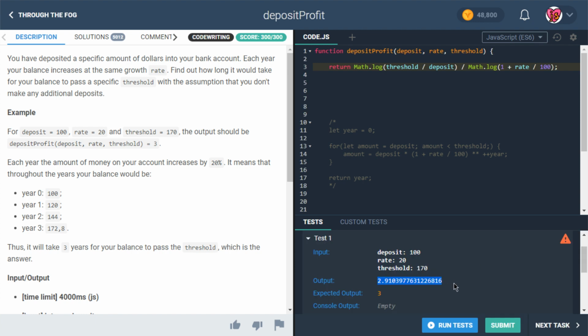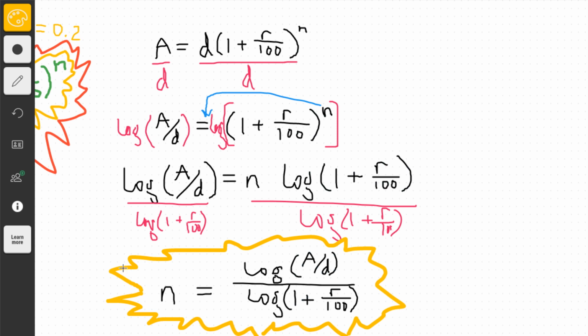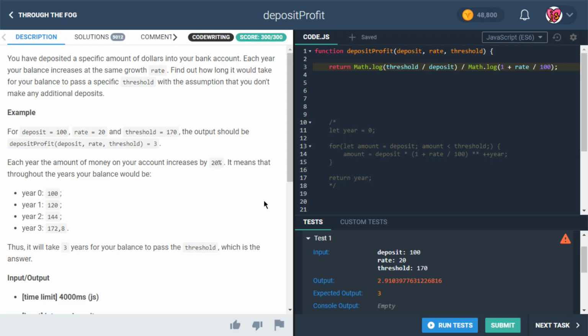Oh, okay. So notice over here, we were looking for a threshold of 170. We were basically using this equation to ask in what year will the amount be exactly 170? Thing is, the amount is never going to be exactly 170. It's going to be pretty close to 170 at year 3.